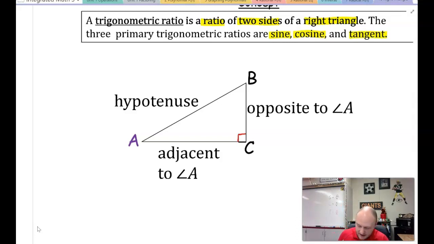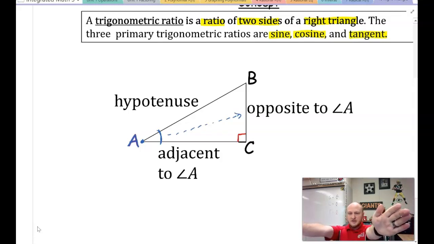If I want to find sine, cosine, and tangent, I'm going to involve the sides. The sides have specific names relative to an angle, whatever angle you're working with. So here, if I call this point A, this becomes angle A. The side that's opposite of angle A is directly opposite, almost like if you hold out your arms, the side that would be formed between your two fingertips.